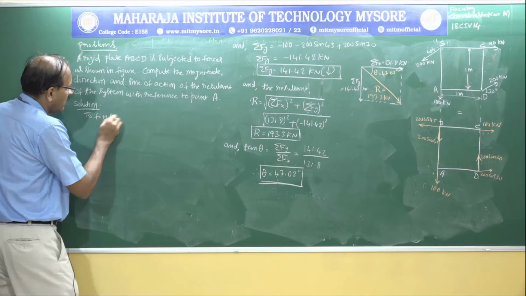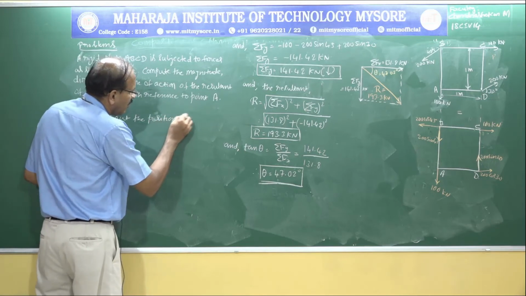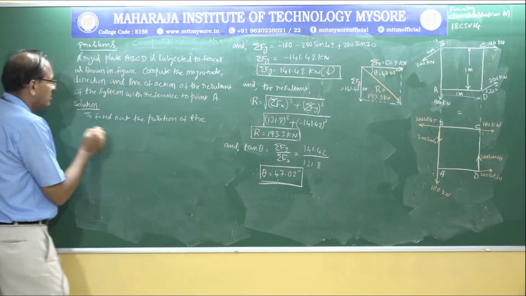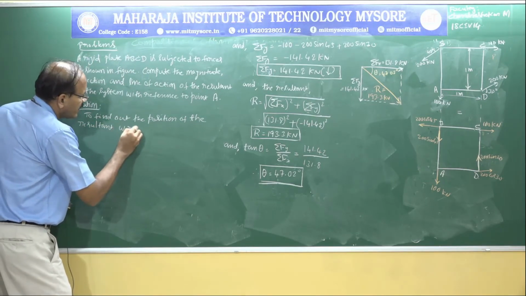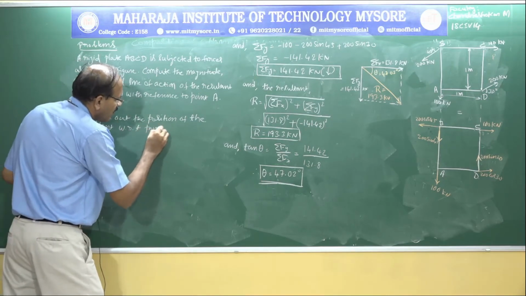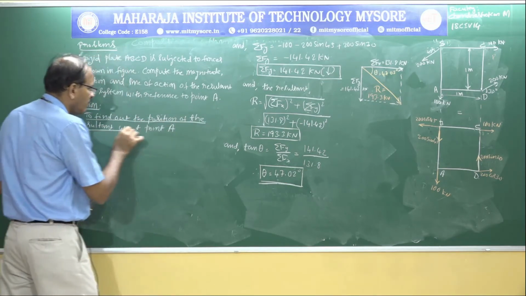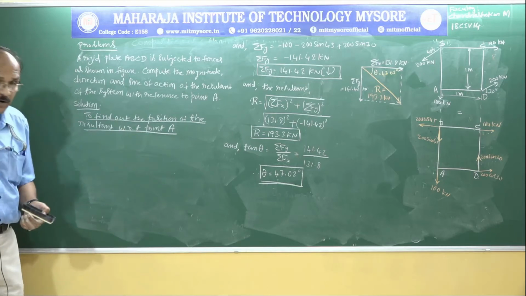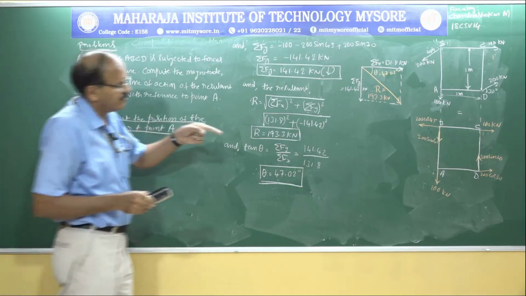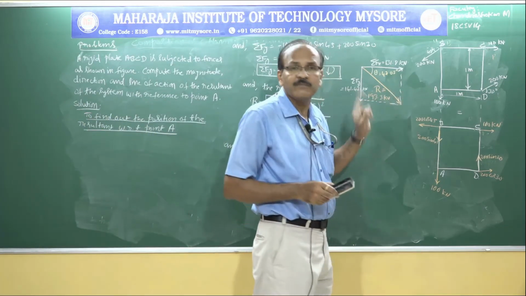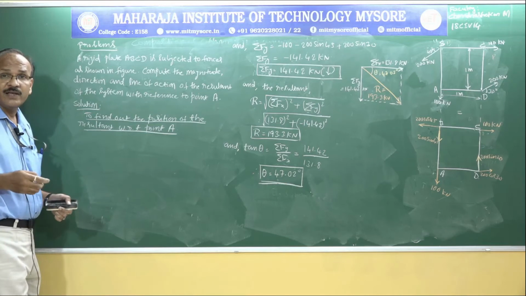To find out the position of the resultant with respect to point A, what I do is I am going to take moments of all the forces about the point A first and add them algebraically.